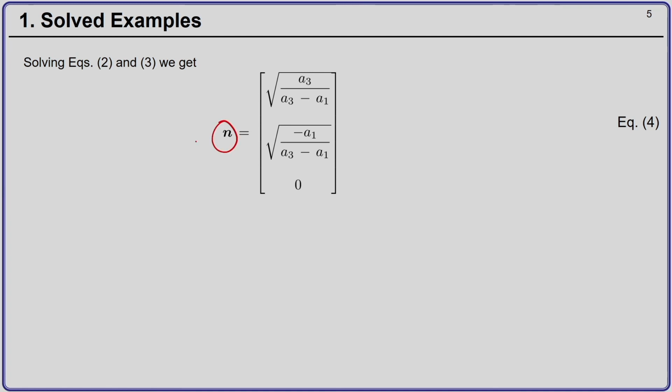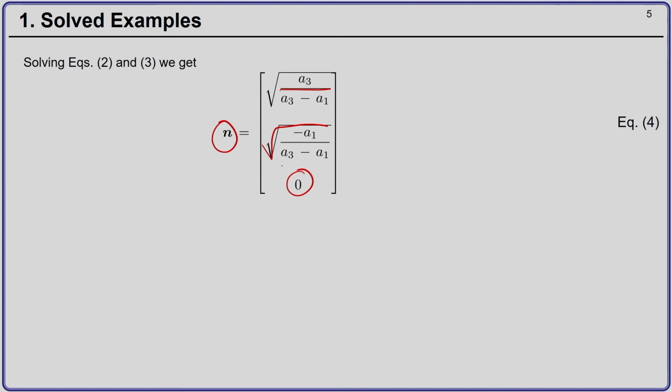It is root over a3 divided by a3 minus a1, root over minus a1 upon a3 minus a1, and obviously the third component was 0. With this, I can now establish the constraints on the constants a1 and a3.